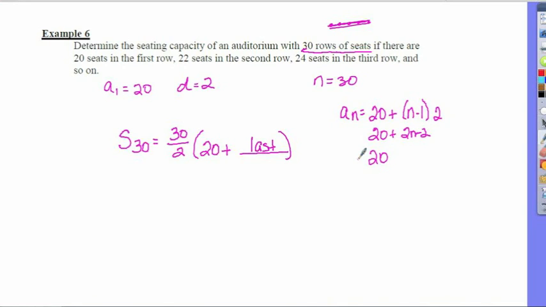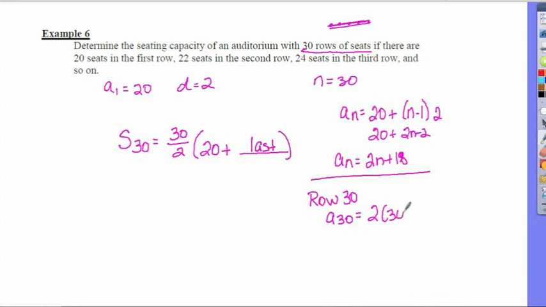So AN equals 2n plus 18. That's an 8. Okay, so that's my general equation. I need to know how many seats are in row 30. So A30 equals 2 times 30 plus 18, which is 78.